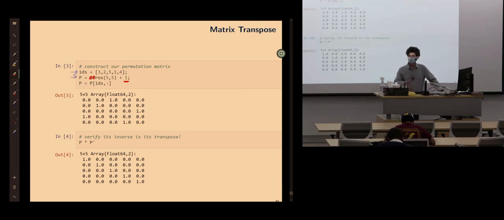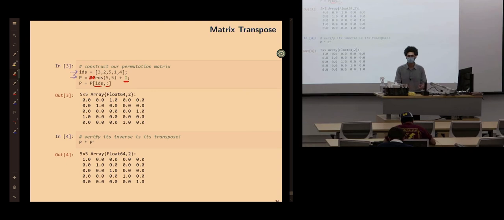At the identity, what happens? The diagonal becomes 1. Now I'm passing the shuffling of rows here to the first reference of P. And I'm using all the columns. So what happens? I'm just exchanging rows.